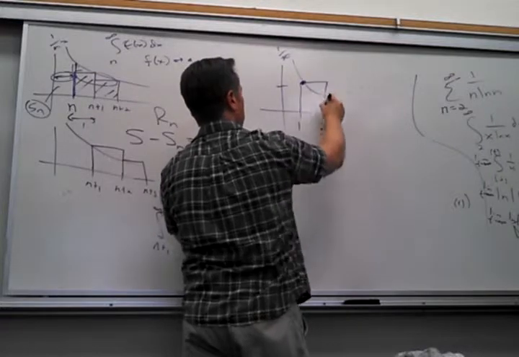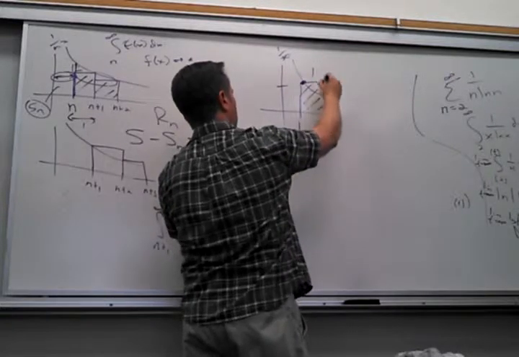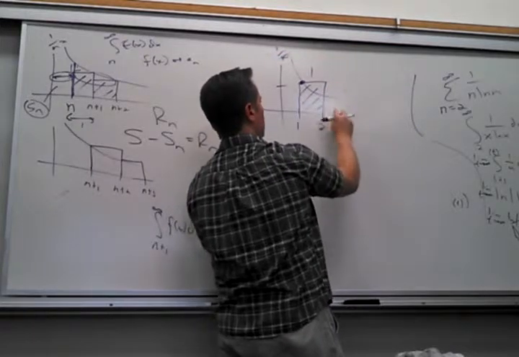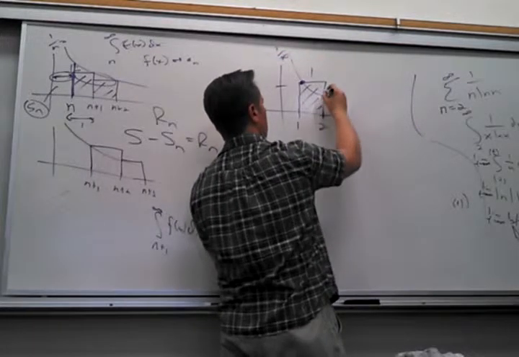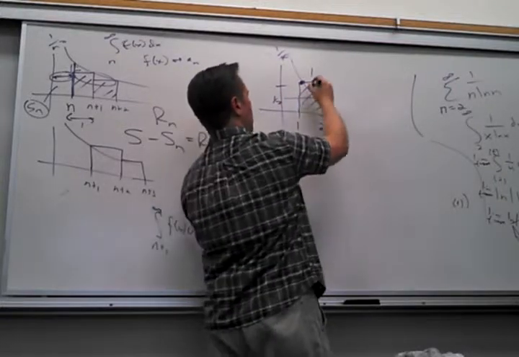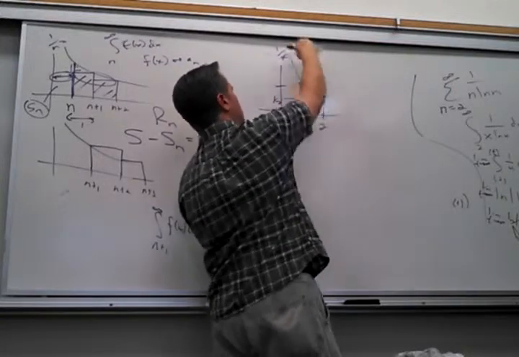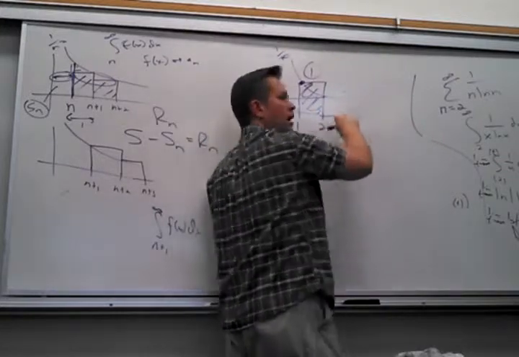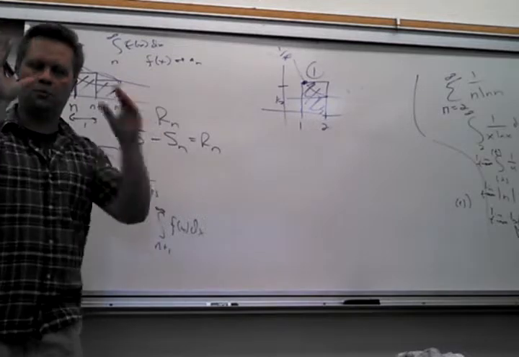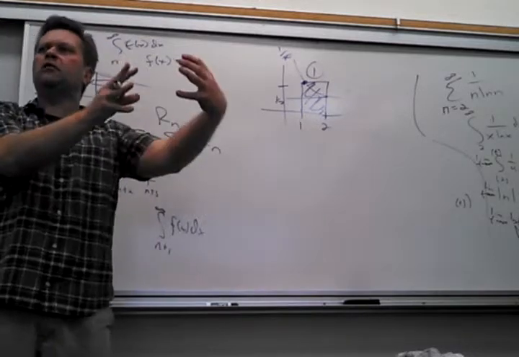That would be the first term. And then this would be 1/2 here, right? You with me? So the area of this box is the first sequence element. The area of the next box is the second sequence element.